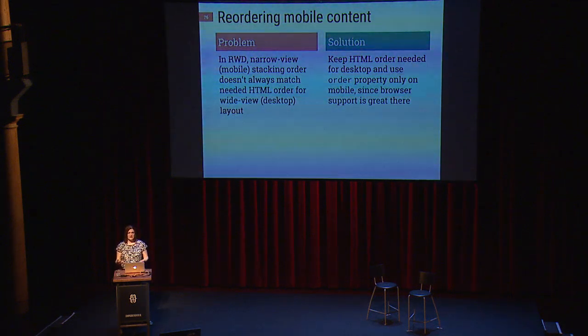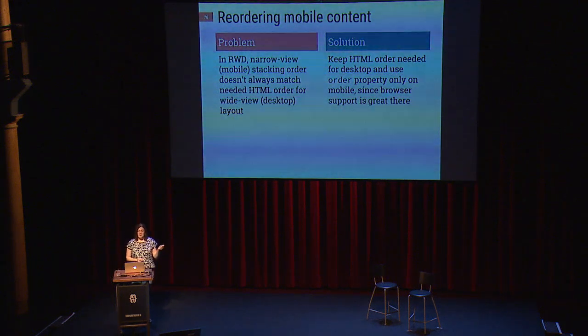As I said, one of the challenges with responsive web design is that the order in which you need to place your major content blocks in the HTML to make them stack in the desired sequence on mobile screens is not always the same as the HTML order they need to be in to make floating work on wider screens where you want to turn them into multiple columns.